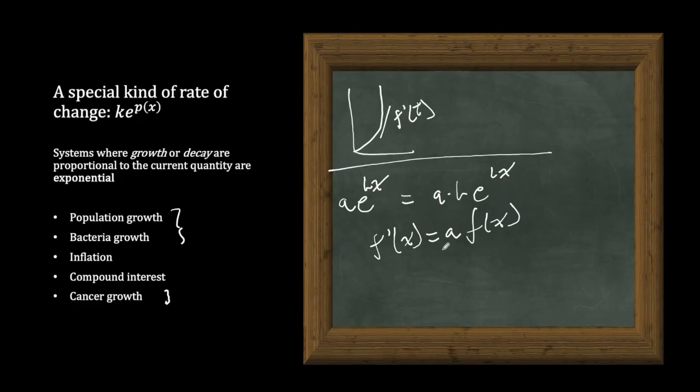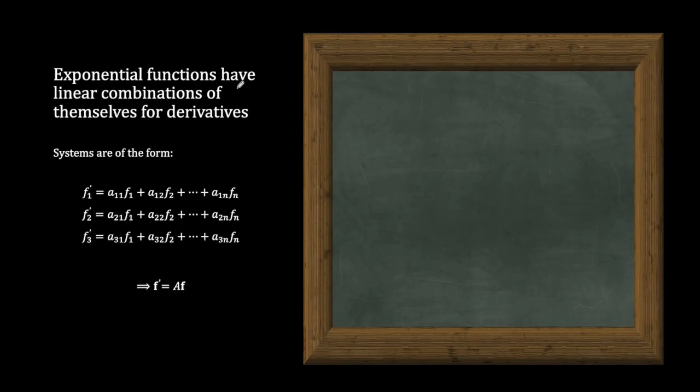It's a proportional relationship. Exponential functions have linear combinations of themselves for derivatives, and this isn't just the case of their own function. So you might have f dash equals a f plus b g, where f and g are functions.